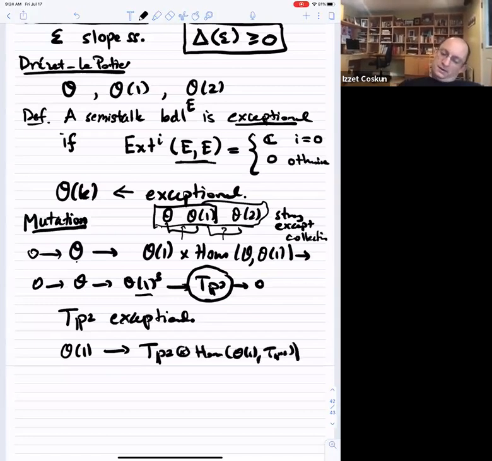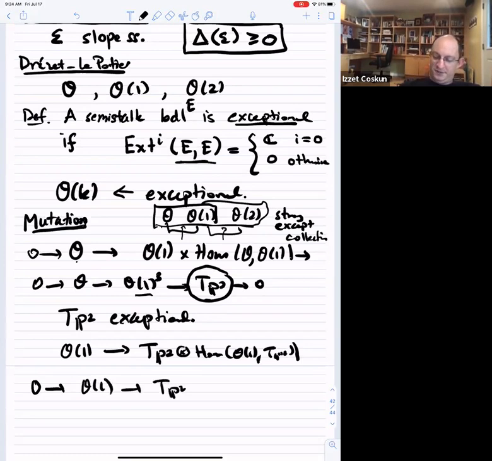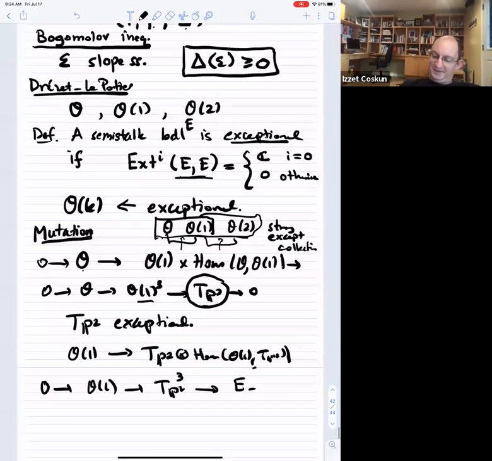And then again, the way to think about this is just the 3-dimensional vector space, right? So what you get is a map from O of 1, so you have TP2 of 3 copies. Now you get a rank 5 bundle here. So this is a rank 5 bundle. So let me put it here, which is, so to speak, the next exceptional, and so on and so forth.